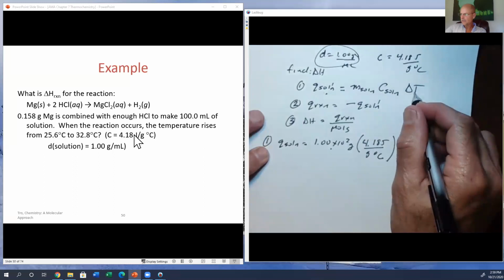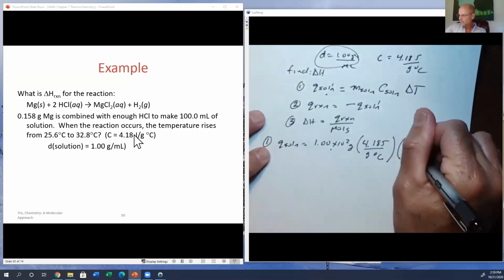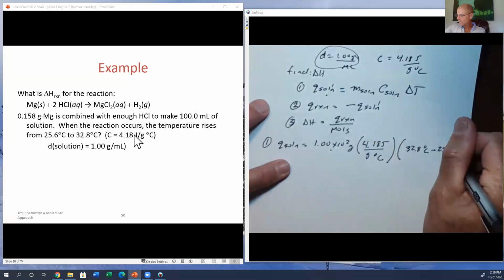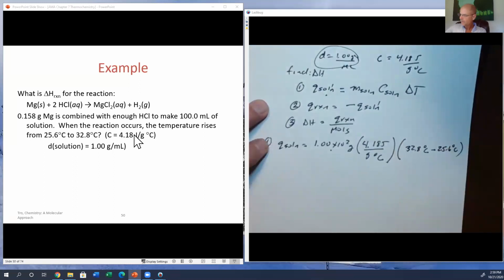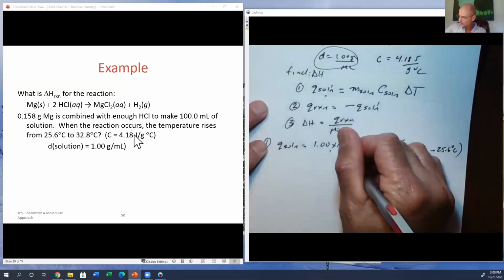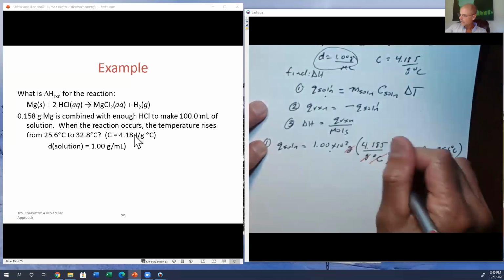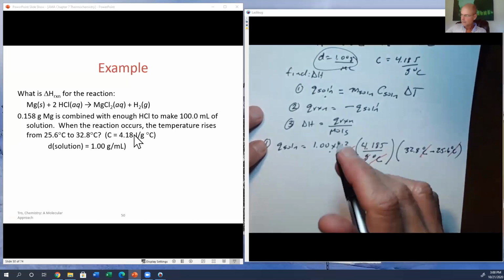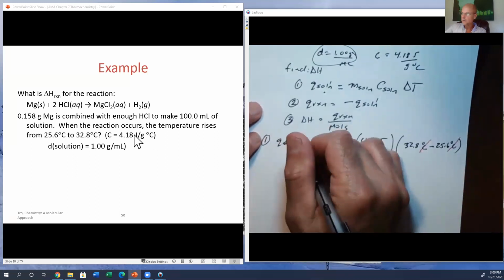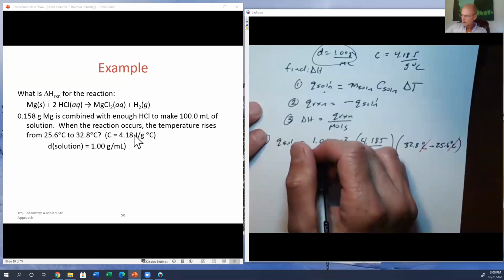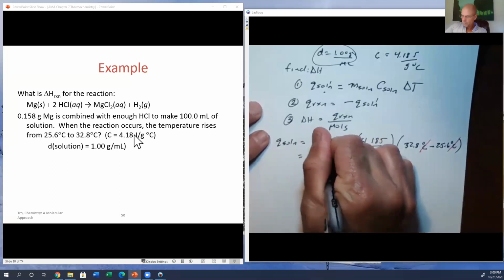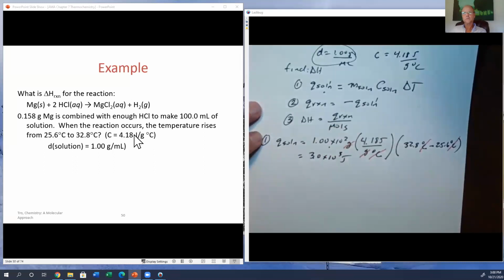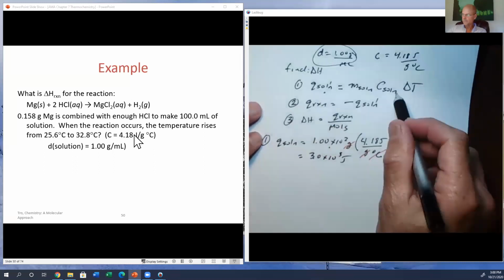Which is T final minus T initial, 32.8 degrees Celsius minus 25.6 degrees Celsius, right? Notice that my grams and my grams are going to cancel. Degrees Celsius and degrees Celsius are going to cancel, right? I'm going to be left with joules. That part comes out to be equal to 3.0 times 10 to the 3rd joules. Okay, that's the first step.